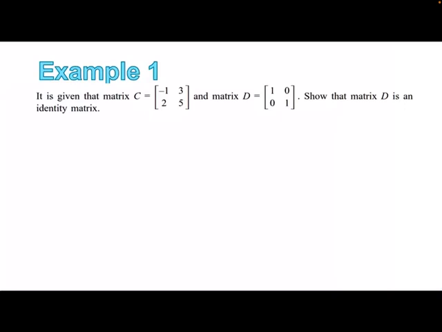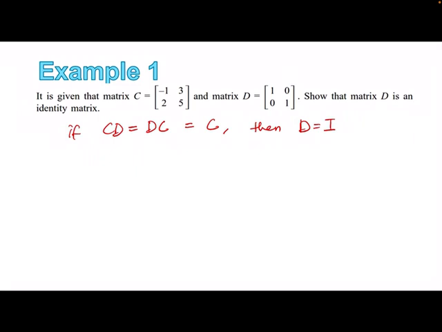If CD equals DC equals C, then D is an identity matrix. We need to prove this.